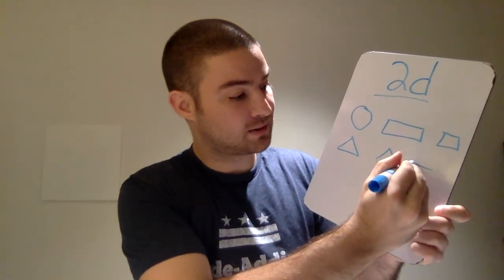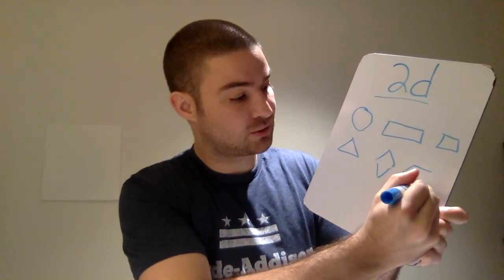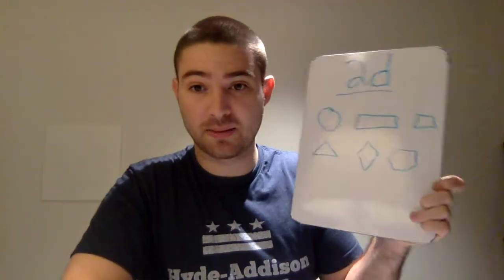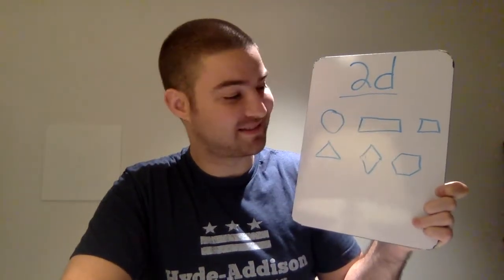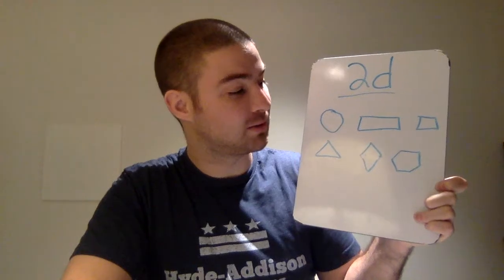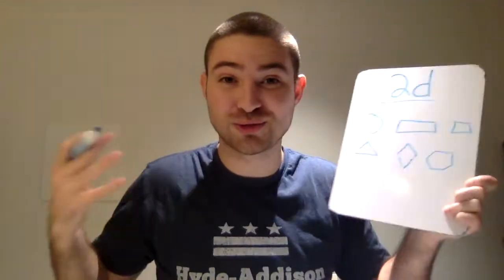And a hexagon, which I am not very good at drawing, but I am trying my best, all right? That looks sloppy, but we're going to do what we can, okay? Those are our normal 2D shapes, shapes that we can just draw, shapes that are flat, that are simple, that are just lines and corners and sides.